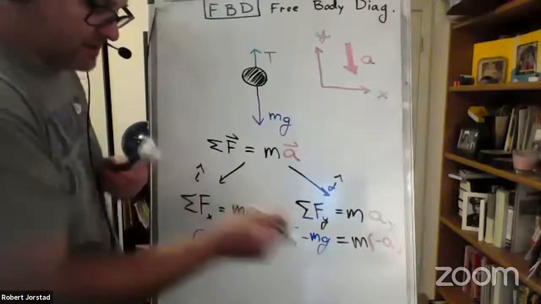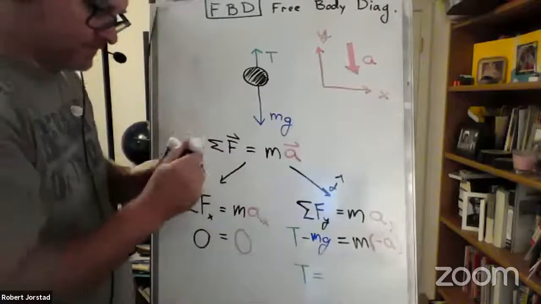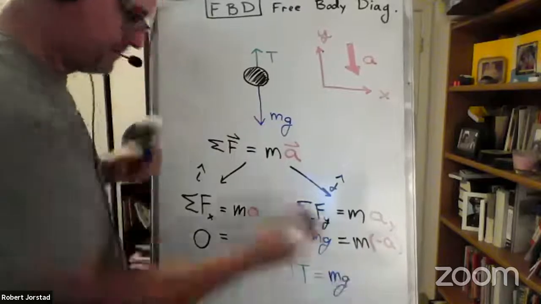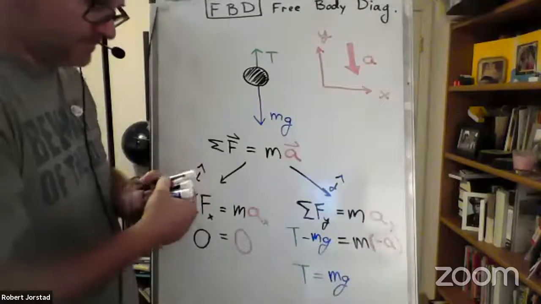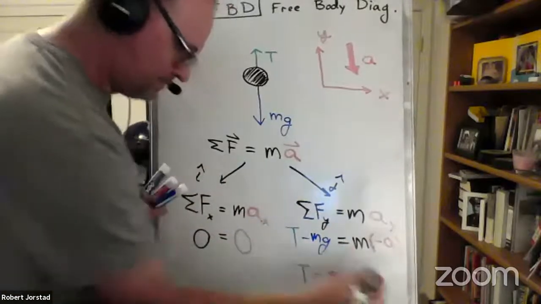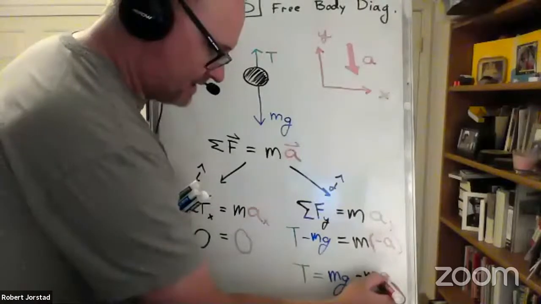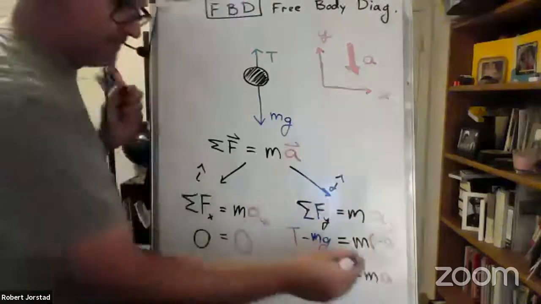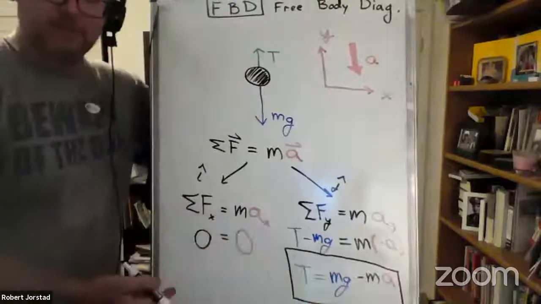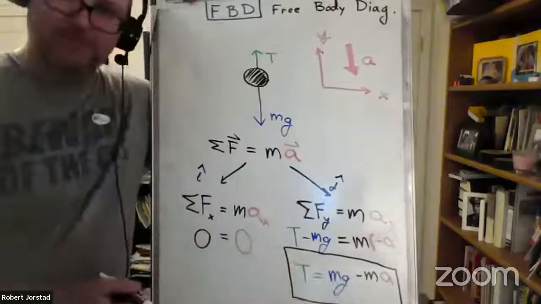Okay, so I'll just solve this for T. So now we know an equation for the tension in terms of the acceleration and the weight.